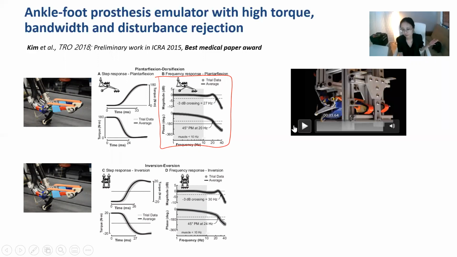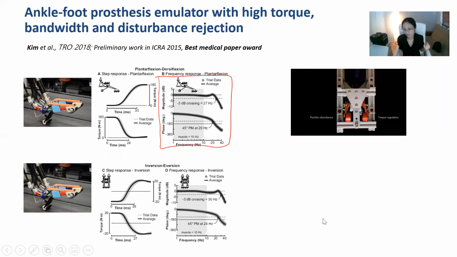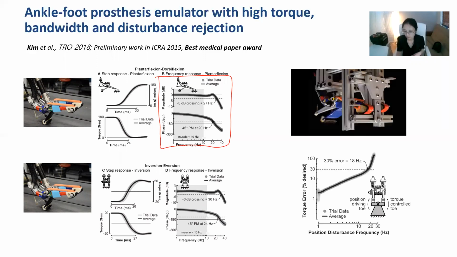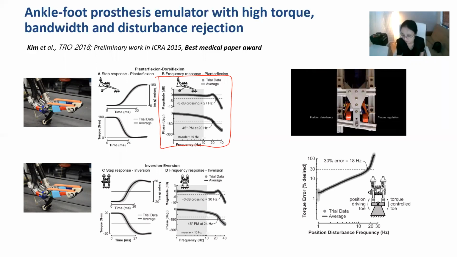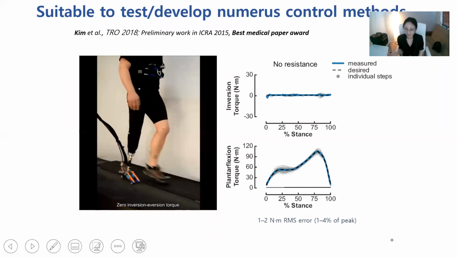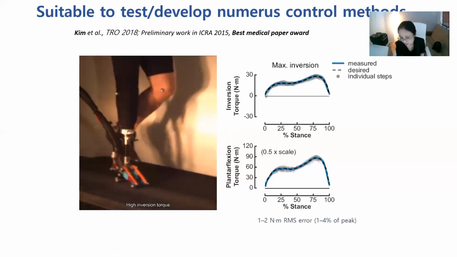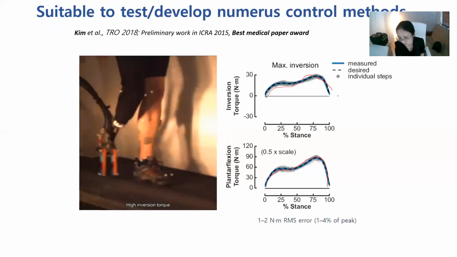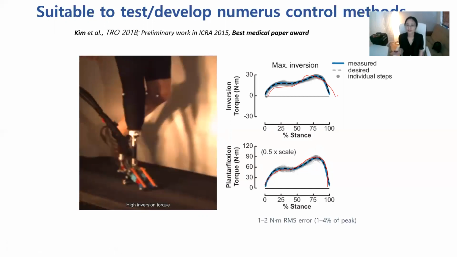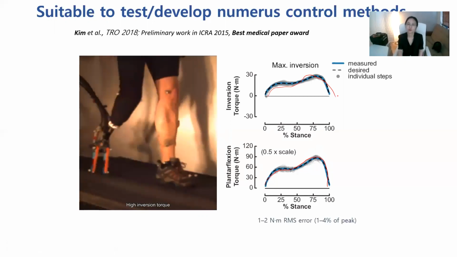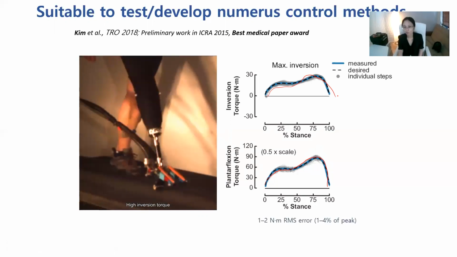And this is the actual frequency response, which I will show again later, but this is actually a combination of sine waves. And you can see a frequency response curve like this. And after doing all this, you can design a controller which can follow your desired torque trajectory really well, almost perfectly. And then maybe you can win another best paper award.